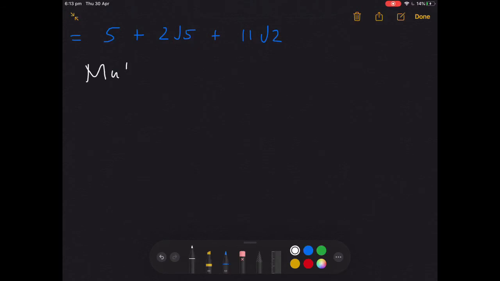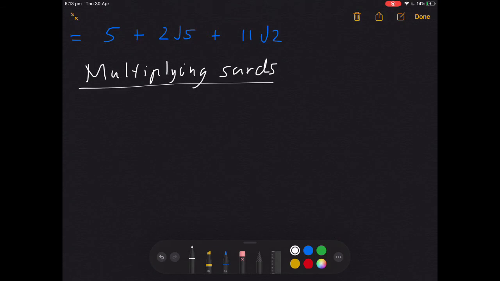Do a little heading. Sorry for the messy writing. Multiplying surds. Here we are making use of the following rules. Root A times root A equals A. This is kind of like an index law.